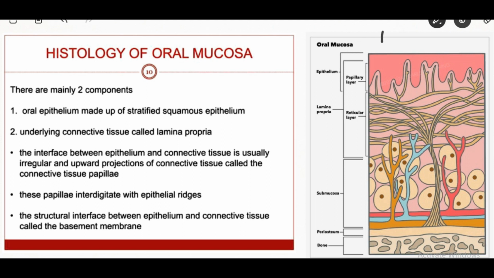The cells retain the flattened to oval shaped nucleus. So remember, the epithelium of gingiva and hard palate is keratinized, while some gingival tissue may be parakeratinized. The non-keratinized tissue is the inner lining of the cheek, facial pillar, sublingual tissue, and the floor of the mouth.